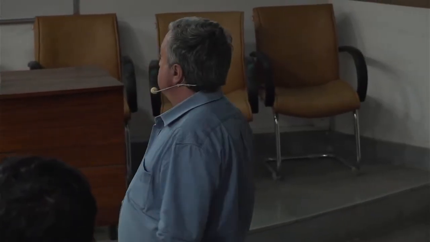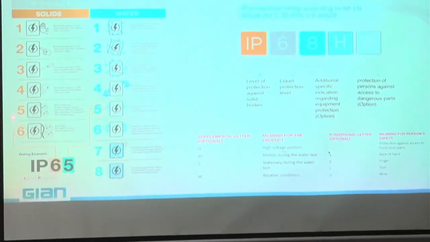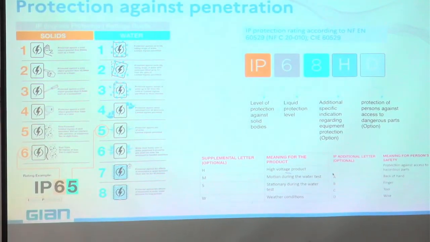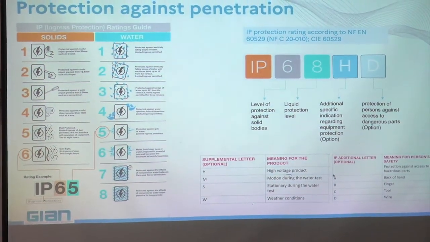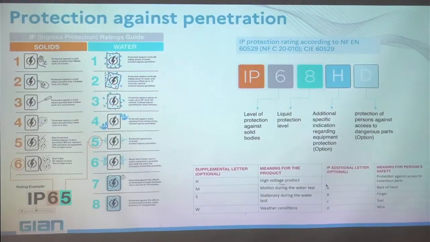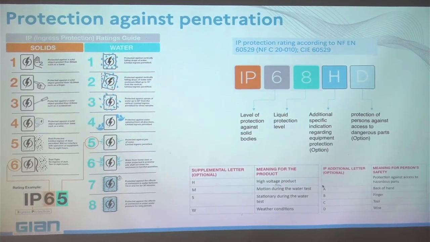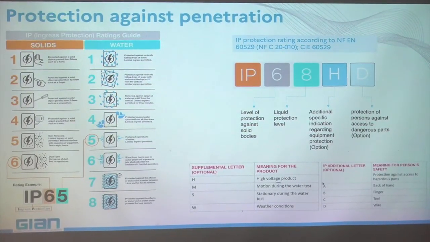Usually, inside, class 1 or 2 is fine. 0, no problem, except if you are in some industries. We'll use some examples. You are in the cities that you need to avoid dust. That means at least 5. But also you need to be able to clean the fixture one time per year by just passing under the fixture.